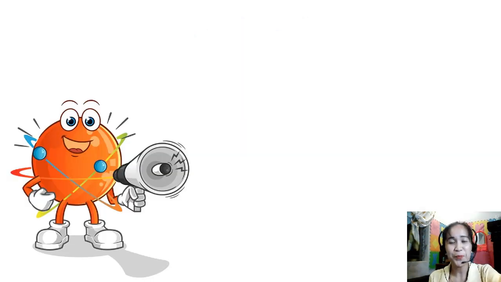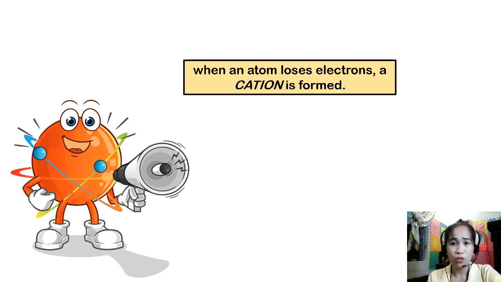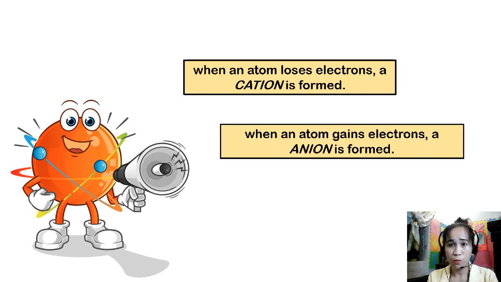Okay, so let's proceed. So, the reactivity of metals is related to ease with which they lose electrons in their valence shell. So, you learn that when an atom loses electrons, a cation is formed. And when an atom gains electrons, an anion is formed.